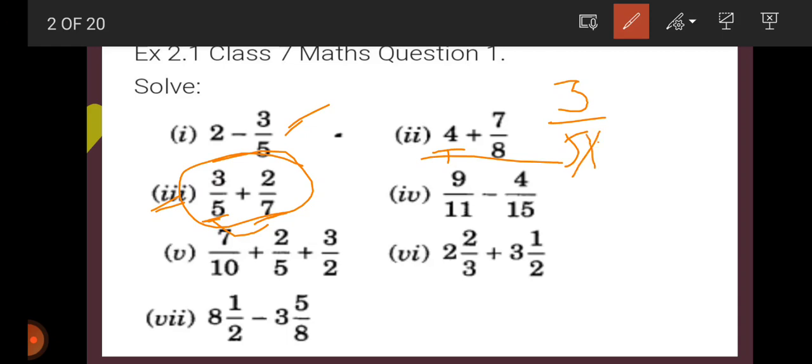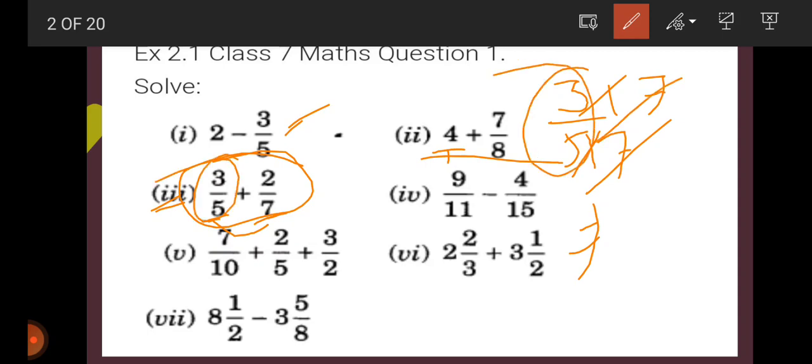I multiply by 7, both numerator and denominator, so the fraction stays the same. So 3 times 7 is 21, and 5 times 7 is 35.